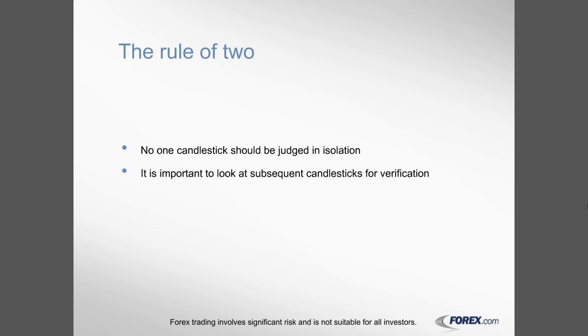Now, the rule of two, and this is something I'll mention now and something that we'll go through as we're going through our class today. As I mentioned before, we can use candlesticks to predict possible market movement, but we do want to stick to a couple of rules when using the candlestick method, and that's that no one candlestick should be judged in isolation. Just like if you were reading a book, we don't pick up a book right in the middle and just pick out one or two words.